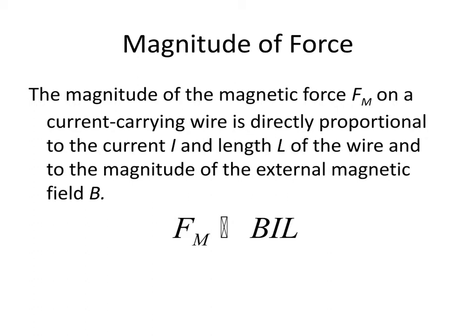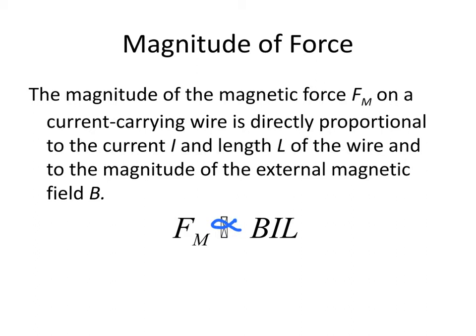Now we can also find the magnitude of the magnetic force acting on a wire that's carrying a current, because the magnitude of that magnetic force will be directly proportional to the current and also to the length of the wire. So we can write that here.